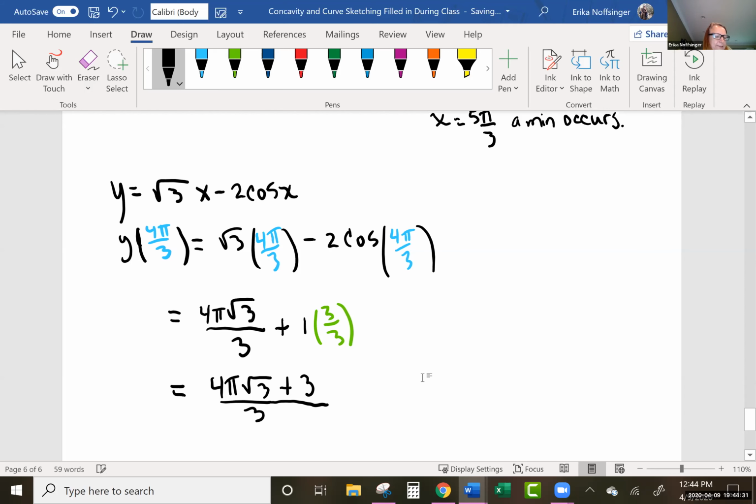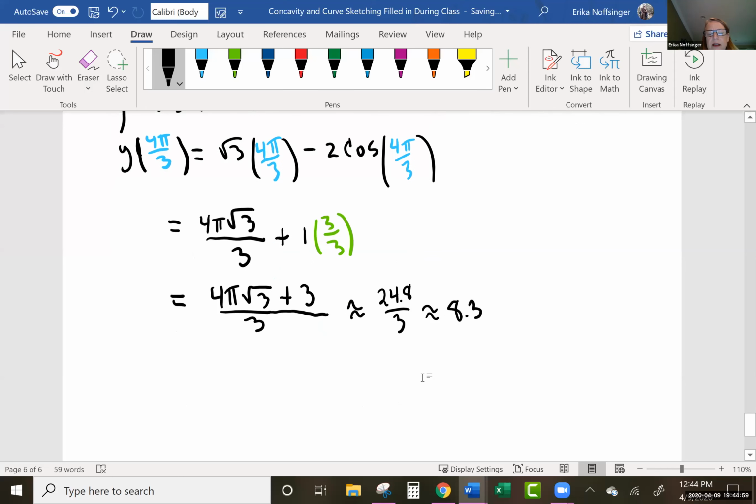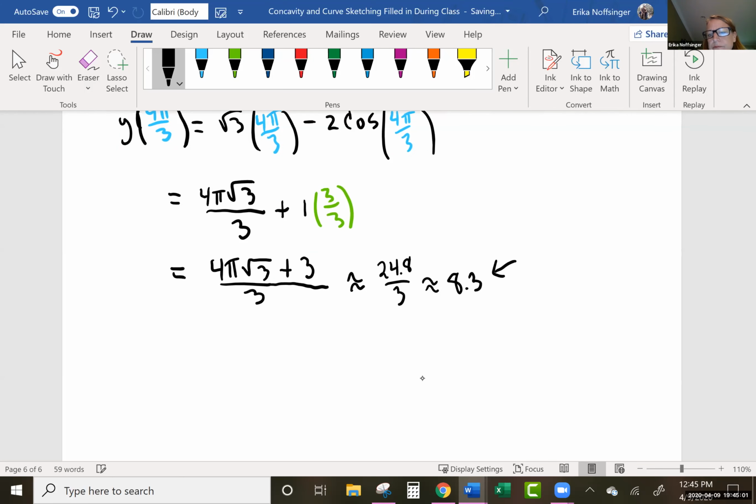And if I had to graph it, I would have to do that. So 4 pi √3 plus 3 is about 24.8, all divided by 3, which is about 8.3. So that was a max of 8.3.